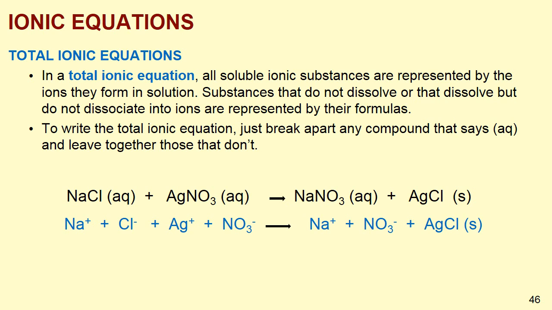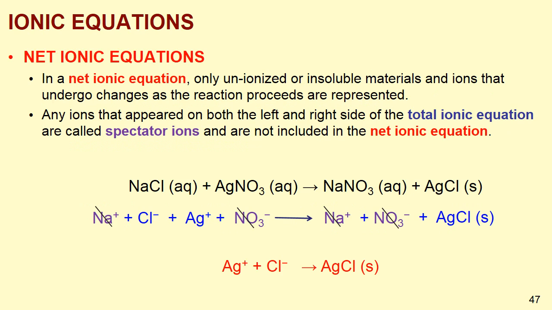What you might notice, though, is that a couple of things show up on both sides of the equation, like the Na and the NO3. So we can cross them out, sort of like in an algebraic equation. If they show up on the left and they show up on the right, they're really just hanging out. They're not doing anything. For this reason, we often call them spectator ions. They're just spectating.